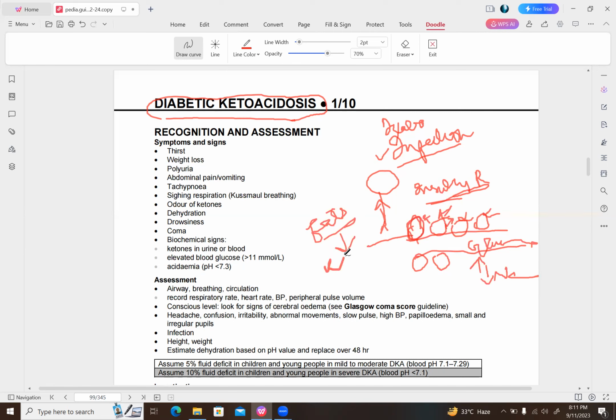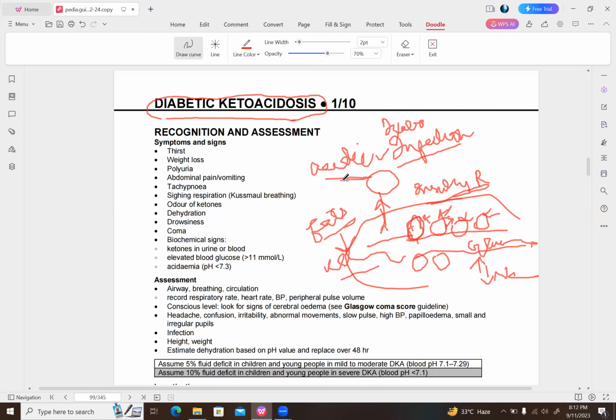Secondary to the production of these ketones, the medium in the body becomes acidic. The whole blood becomes acidic, the pH is reduced. So what happens? There is metabolic acidosis.